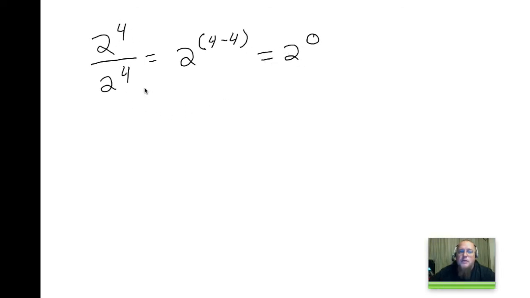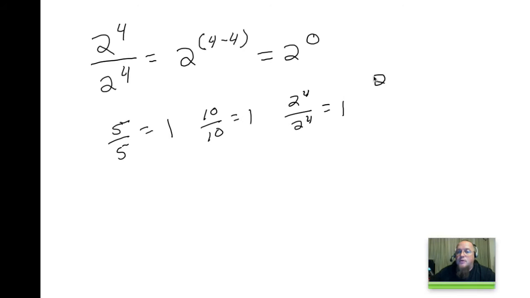And we can literally use any number here to get us 2 to the 0 power. Something that you may see similar to this is when we're looking at numbers like 5 over 5. We all kind of figured out that that is 1. Or 10 over 10, that is 1. This is the same situation. 2 to the fourth over 2 to the fourth, since they're the same number, equals 1. Therefore, we can say that 2 to the 0 power equals 1.